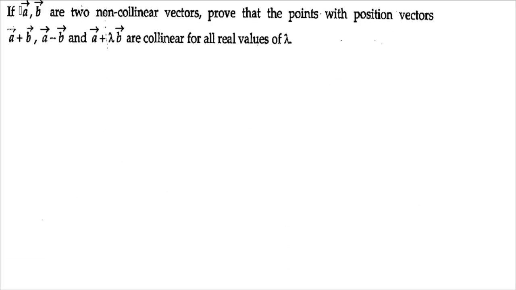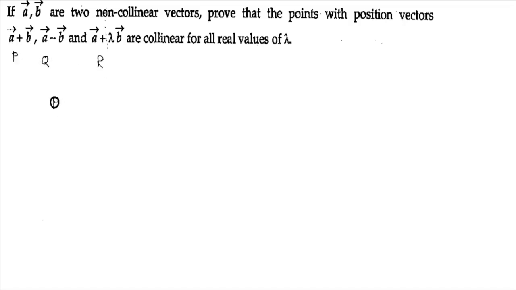In this question we have two vectors, a vector and b vector, and these two are non-collinear vectors. We have to prove that the position vectors a vector plus b vector, a vector minus b vector, and a vector plus lambda b vector are collinear for all real values of lambda. Let's say this point is p, this is q, and this is r.